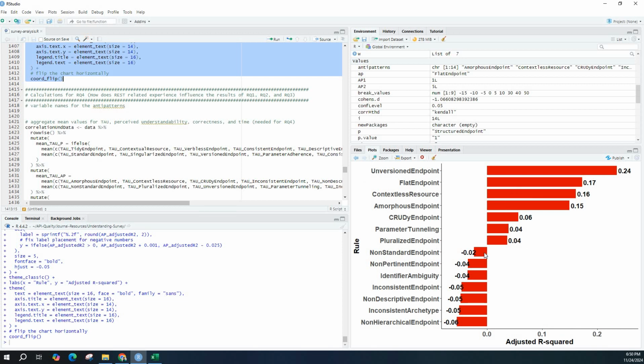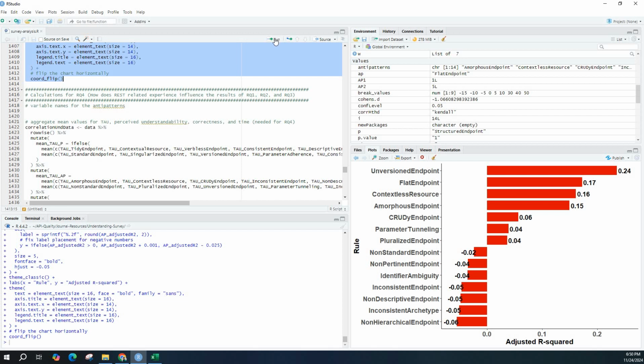So the idea is that if there's a negative correlation among pattern anti-patterns, it is better. So for 3 and 7 pattern anti-patterns, we have a negative correlation, which is a good thing, but for the rest of the 7 we have a positive correlation, which is not a good thing in terms of understandability.